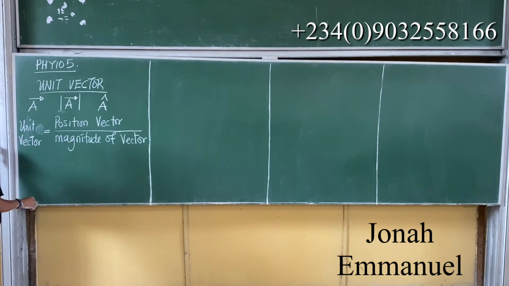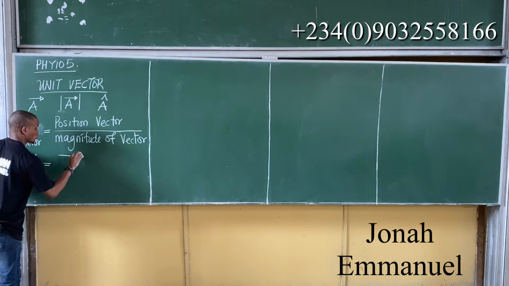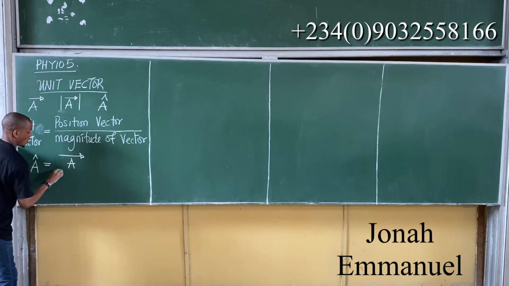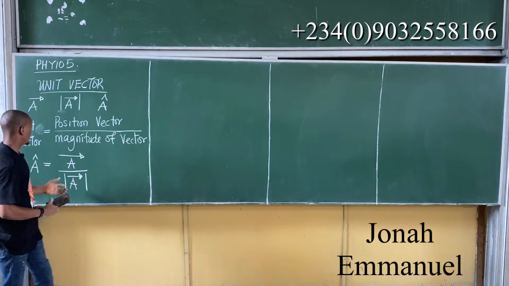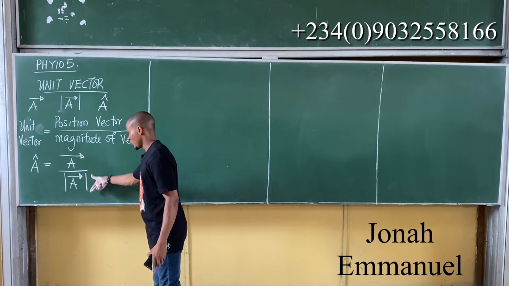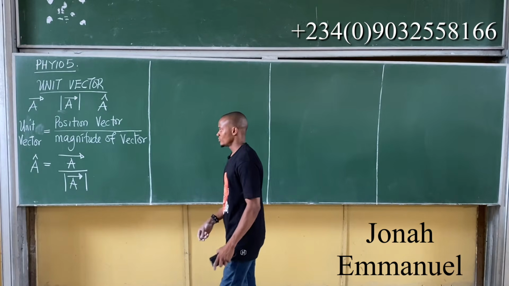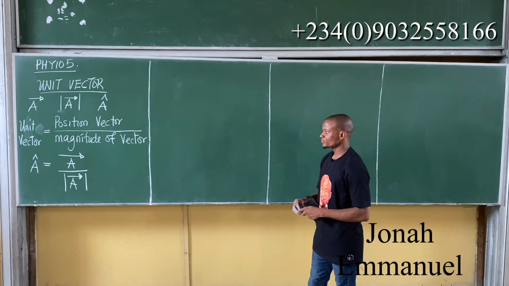So if I take A for instance, I'll have that the unit vector of A is equal to the position vector of A all over the magnitude of vector A. So this would be the unit vector of A, right? Position vector of A all over magnitude of A. Right, so we have this.